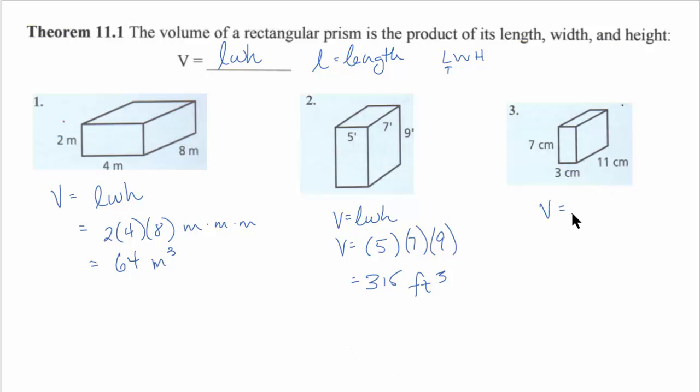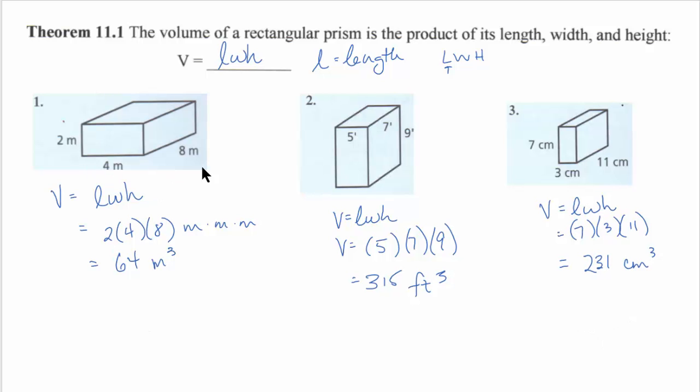For this one, volume is length times width times height, so 7 times 3 times 11. That's going to be 231. Don't forget your units: centimeters times centimeters times centimeters, cubic centimeters.